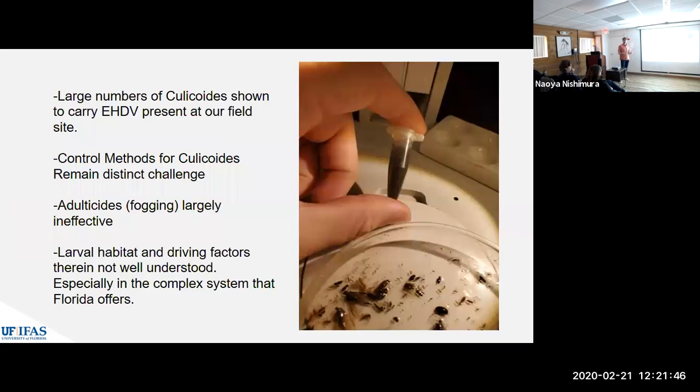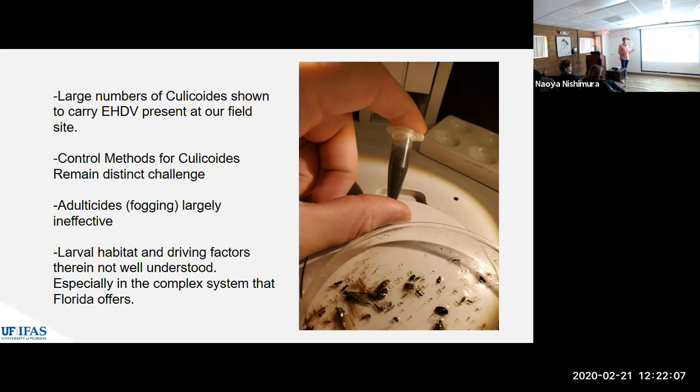One of the challenges of working in this system is that there are a lot of Culicoides. I may not have to tell you that, but there are truly massive numbers of these coming out of these habitats. A lot of control methods don't work as effectively as they do in mosquito populations, for instance.